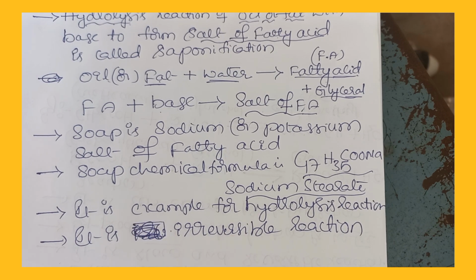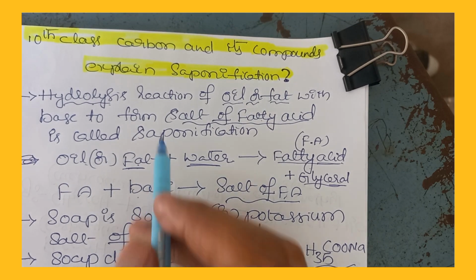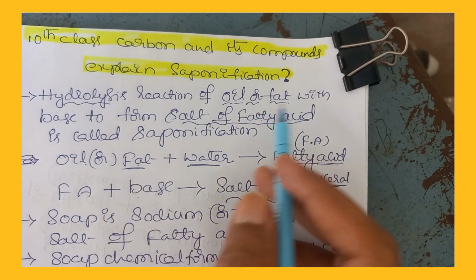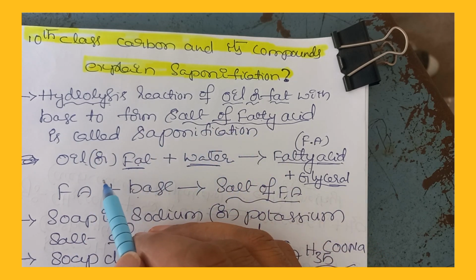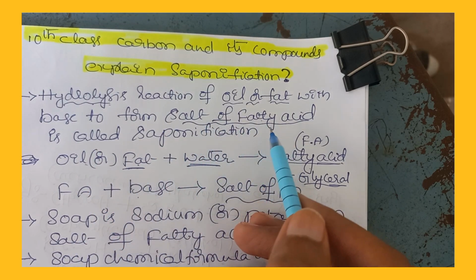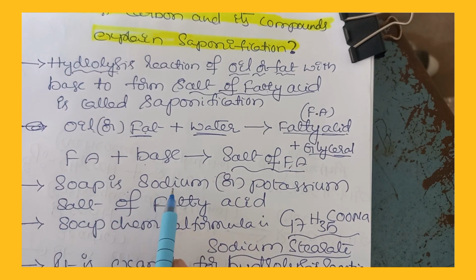So this is about saponification. Once again, hydrolysis reaction of oil or fat with base to form salt of fatty acid is called saponification. Salt of fatty acid is called soap. Soap is a sodium or potassium salt of fatty acid.